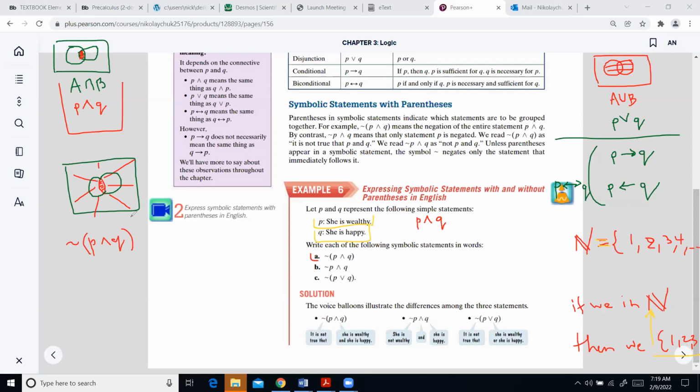So this could be a person that is not happy and not wealthy at the same time. So those are going to be probably people here. Or it could be a group of people right there, which is going to be wealthy but not happy. Or people here, happy but not wealthy.